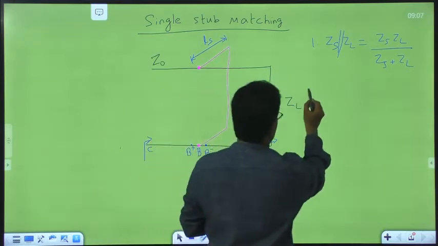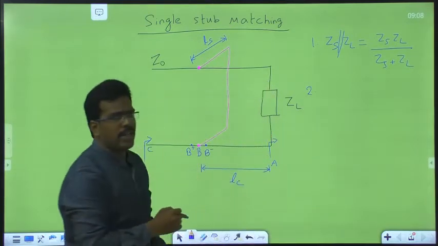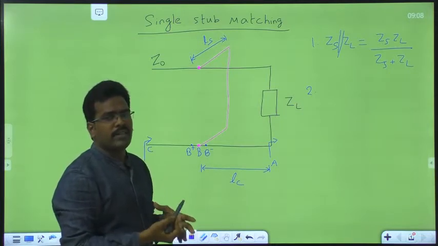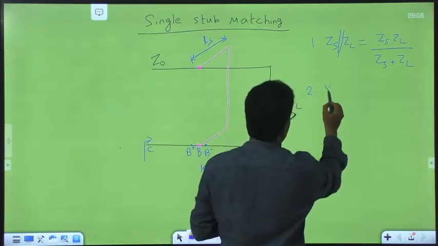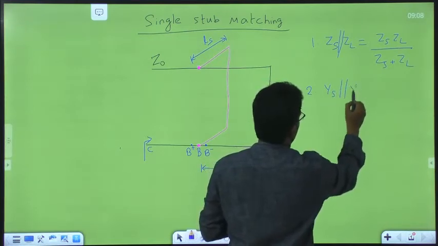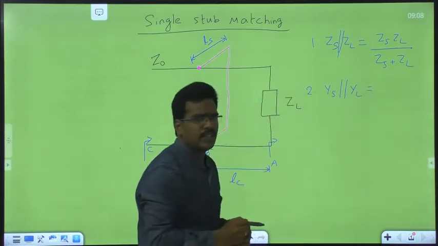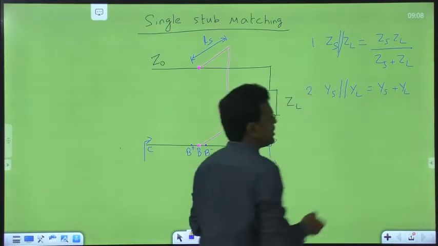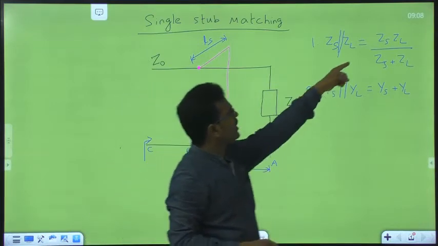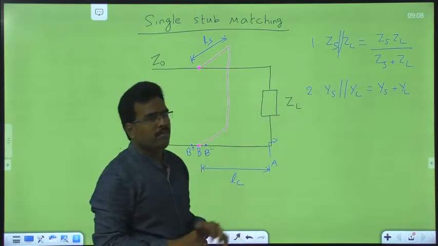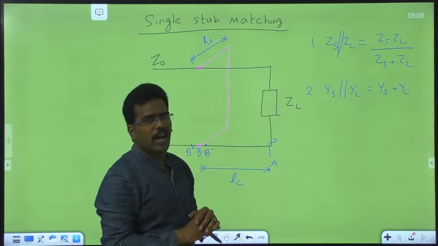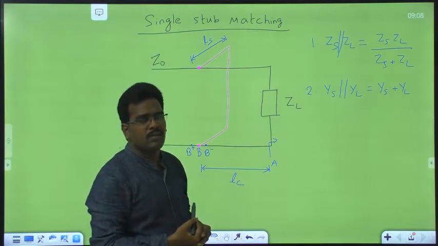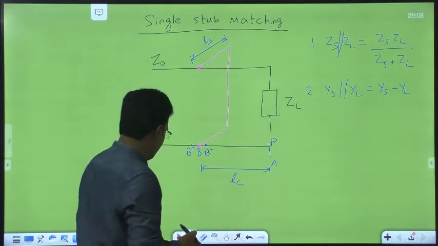That is the reason why, for analyzing the single stub matching technique, I am going to use admittances in place of impedances. If 2 admittances are in parallel, the equivalent admittance is the sum of the admittances, Ys plus YL. This is easy to calculate when compared to that formula. So how will this circuit vary now?